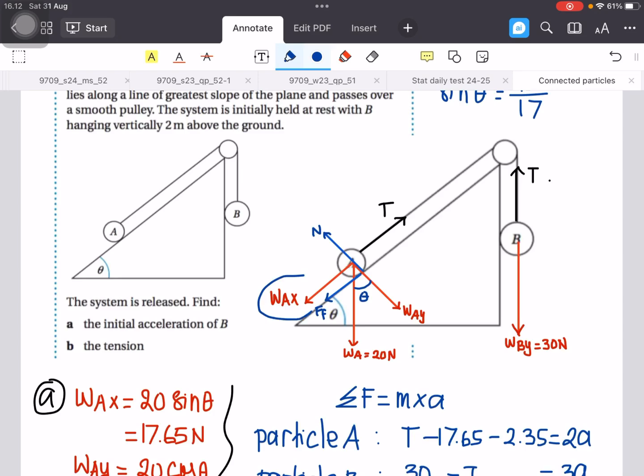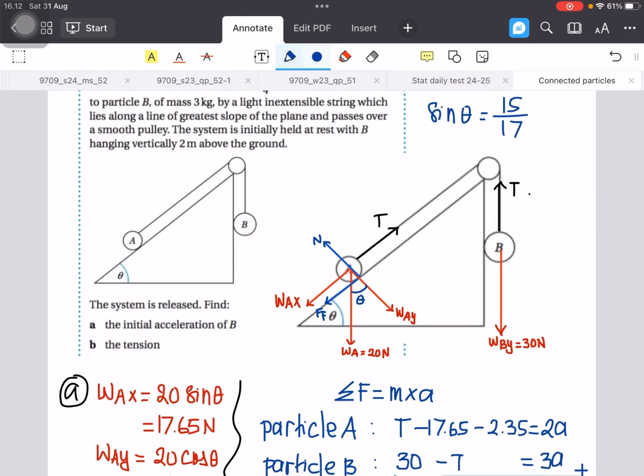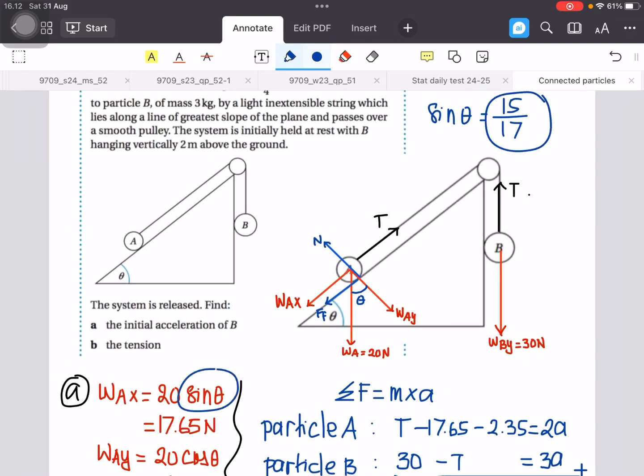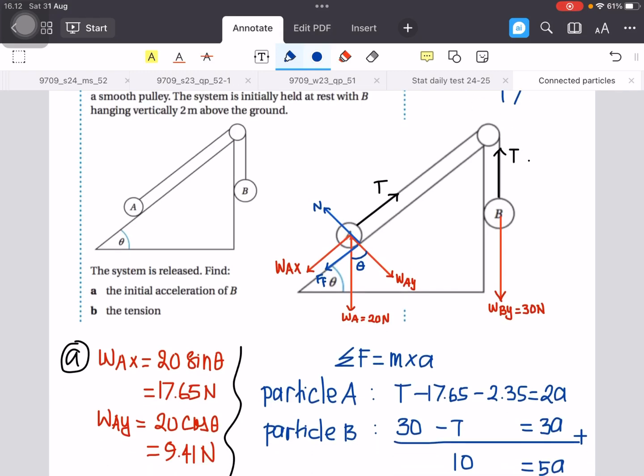It can be split into WAX and WAY. WAX is 20 sin theta, 20 times 15/17. WAX is 17.65 newtons. And then for WAY, perpendicular to the plane, it is 20 cos theta is equal to 9.41 newton.